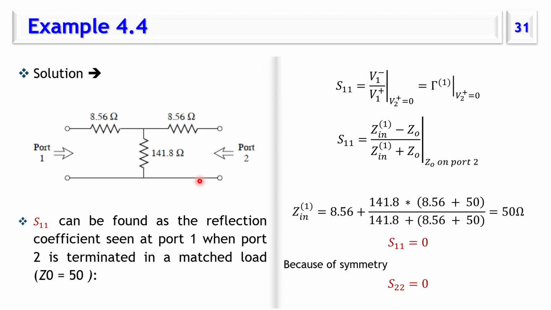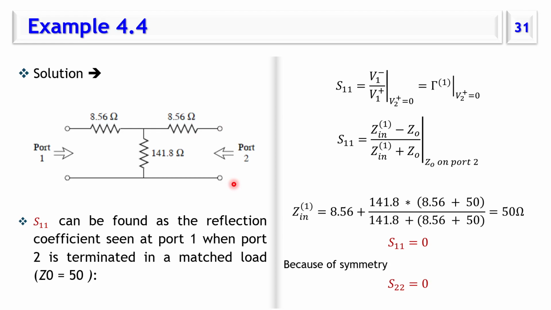Okay, S11 can be found as the reflection coefficient seen at port 1 when port 2 is terminated. Port 2 is terminated to 50 ohm, so no reflection, no V2 plus from port 2.